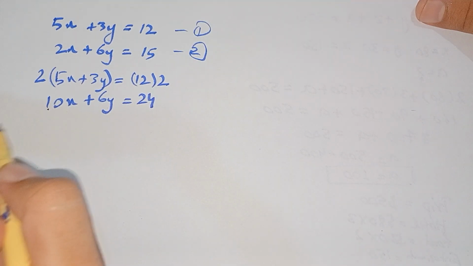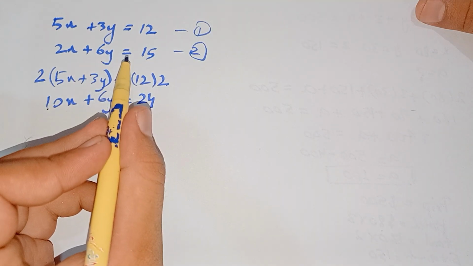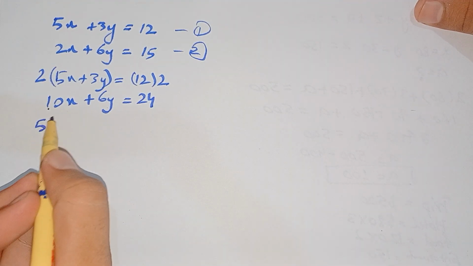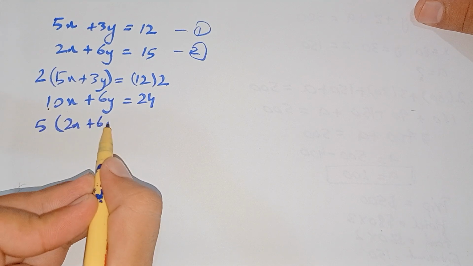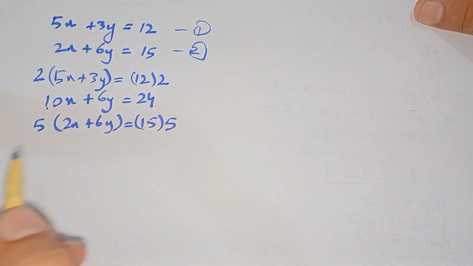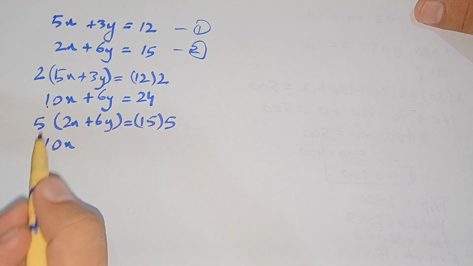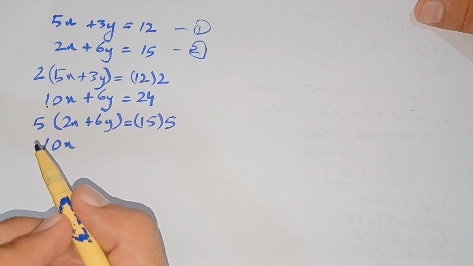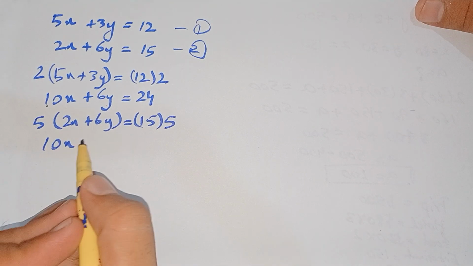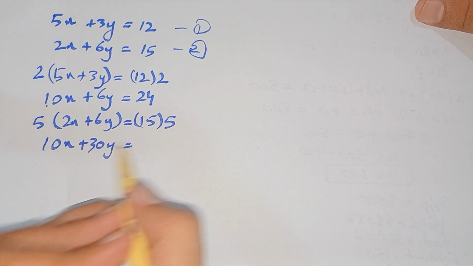Then our second equation, which is 2x plus 6y equal to 15, we have to multiply by 5. 5 multiplied by 2 is 10x, so we have the same value of x. 5 multiplied by 6 is 30y, and 15 multiplied by 5 is 75.